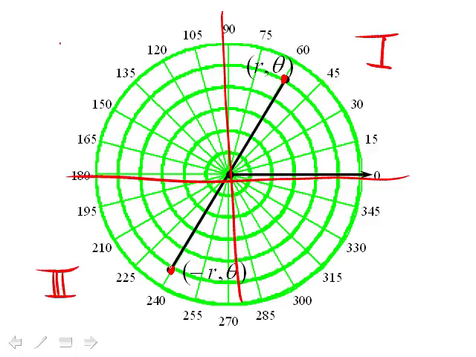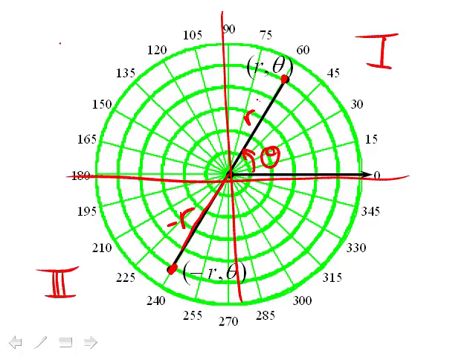How do you describe that in polar coordinates? For a given angle theta, you go in a positive direction to get to the point in quadrant 1, and in the negative direction to get to the point in quadrant 3. So this is a way of describing it as substituting in different values of r.